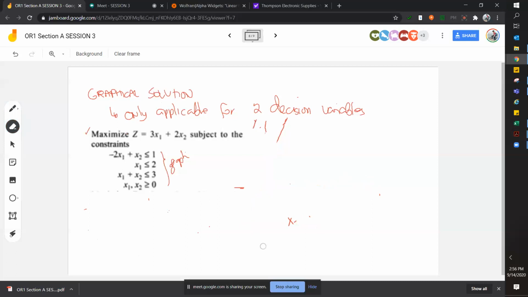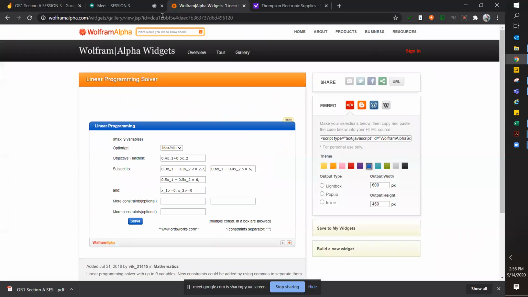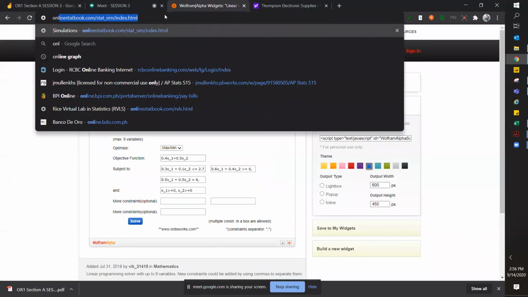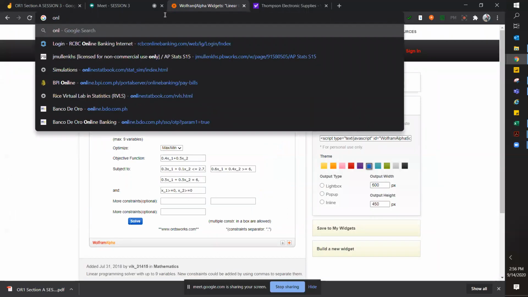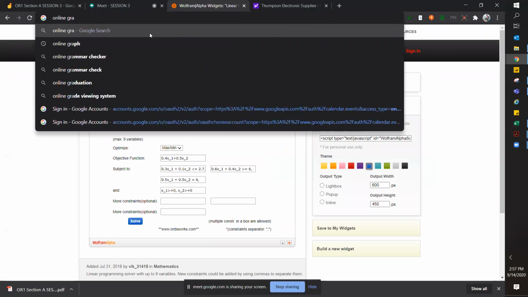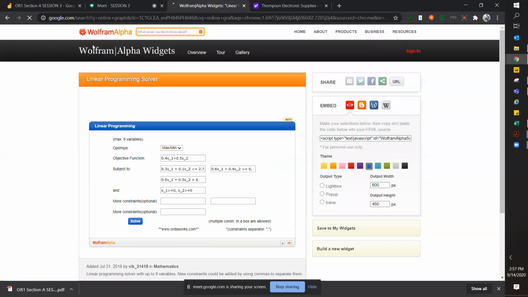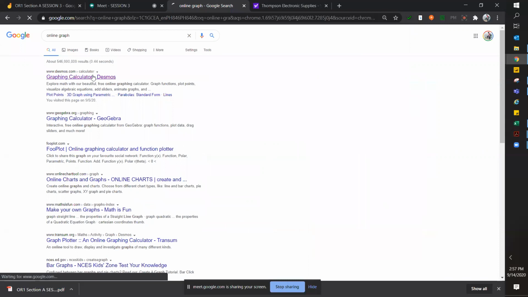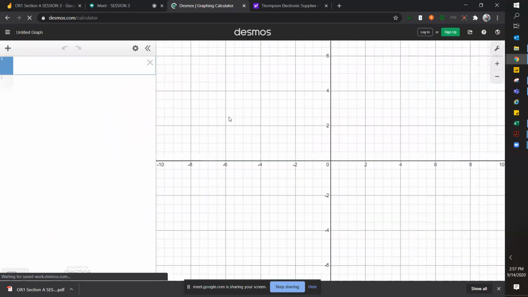Medyo ang hirap mag-graph dito eh. Hold on na. Okay, so why don't we just put it dito na lang. Online grapher. Ayan, para at least may idea ako ng itsura niya.